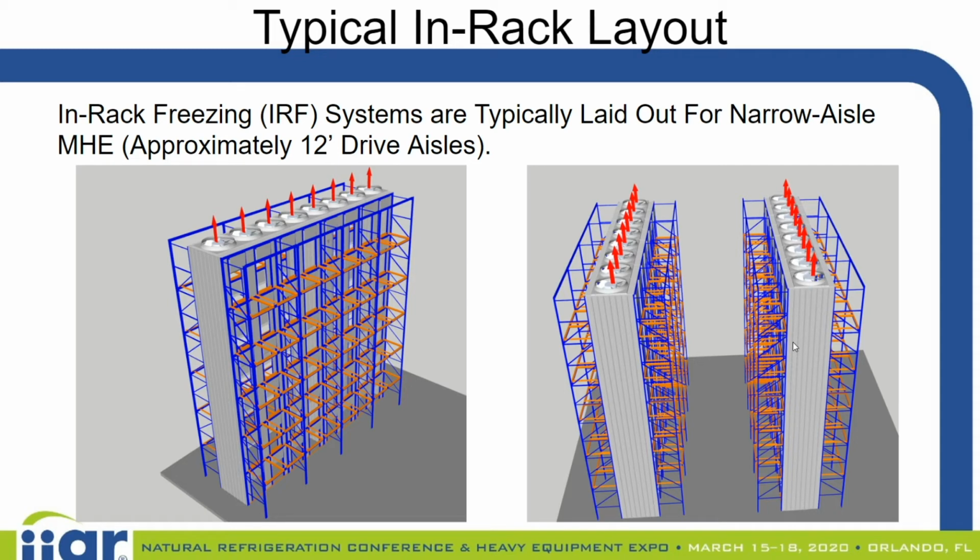On the left-hand side of the graphic, an in-rack freezing system is really an array of air inlets, floor to top, and then a handful of air outlets from the shared plenum space.